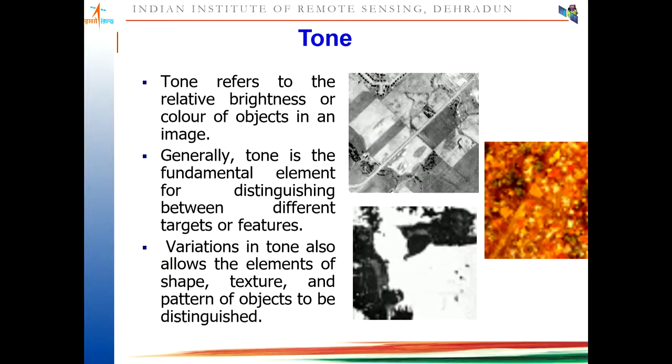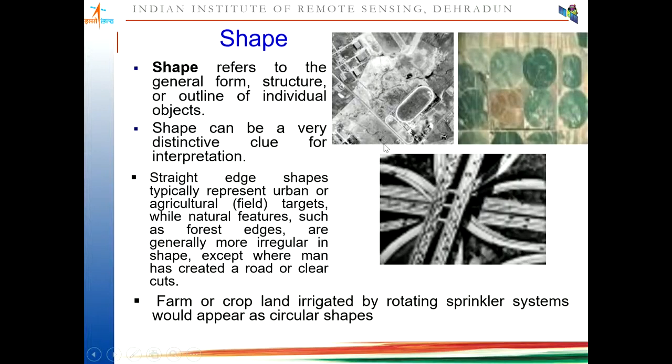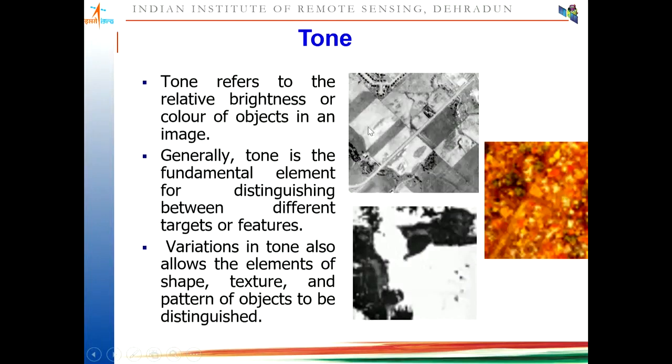So tone refers to the relative brightness or color of the object, and it is the most primary element of interpretation. As you can see, as soon as there is a tonal change, it translates into an edge. And if I'm able to identify that edge, it will indicate change from one feature to the other, or change in the physical condition of the same feature.